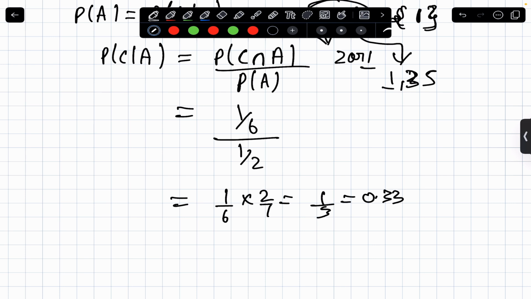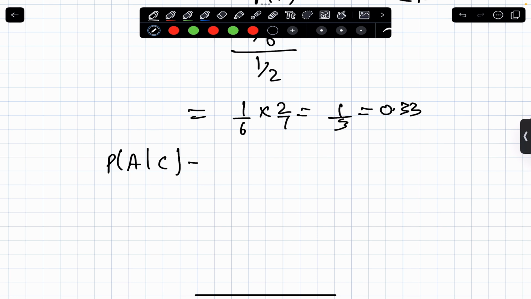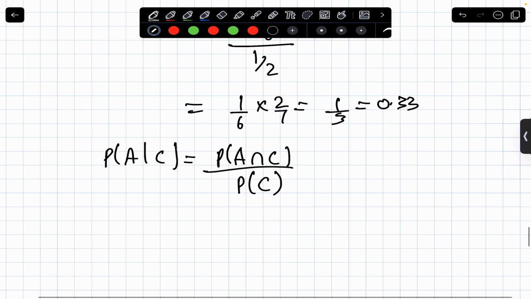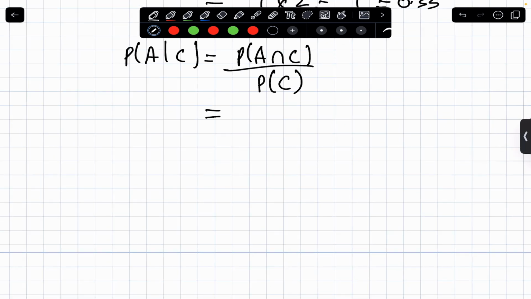How? If we see the other event, given that C has already occurred, what do we do? A intersection C by the probability of C. So let's see its probability. A intersection C, what is it?